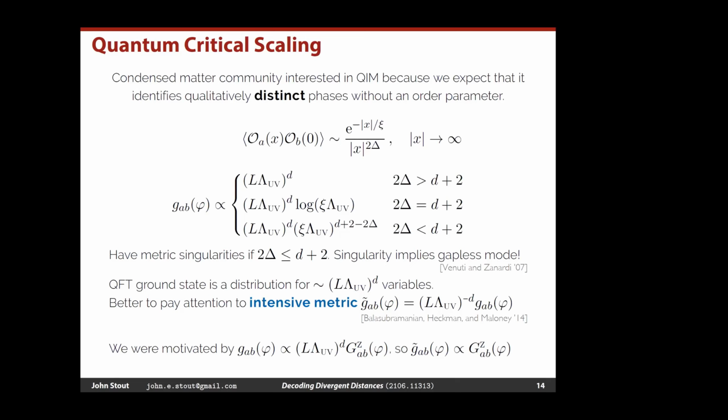Yeah, one question. I'm a bit confused about something. Here you've got two possible types of divergence for the metric, the log and the polynomial one. Both can give rise to infinite distance, right? Yeah, so that depends on how the correlation length depends on the parameters of the theory, which is what I'll talk about now.